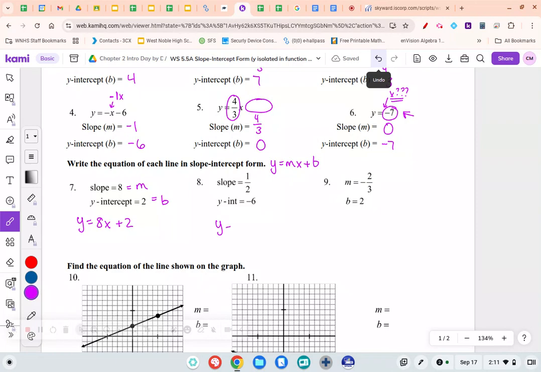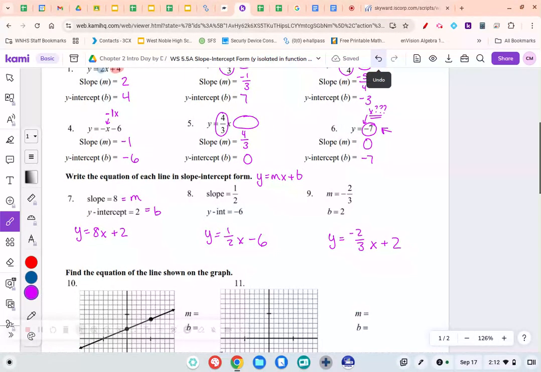Or over here, y equals 1/2 x minus 6. And question 9, y equals -2/3x plus 2.